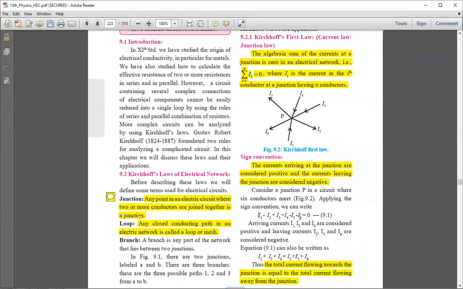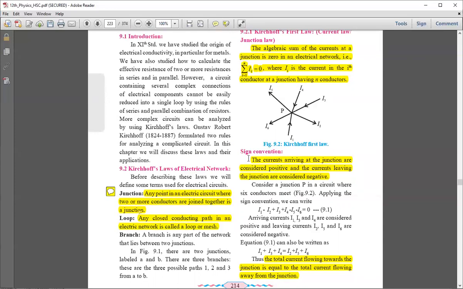In the exam, if the question asks to explain Kirchhoff's first law, just write down this statement, the mathematical part also, and then explain the sign convention in short. Draw a diagram like this. You can draw the current directions depending upon you. Some currents are moving toward the junction and some are flowing away from it.